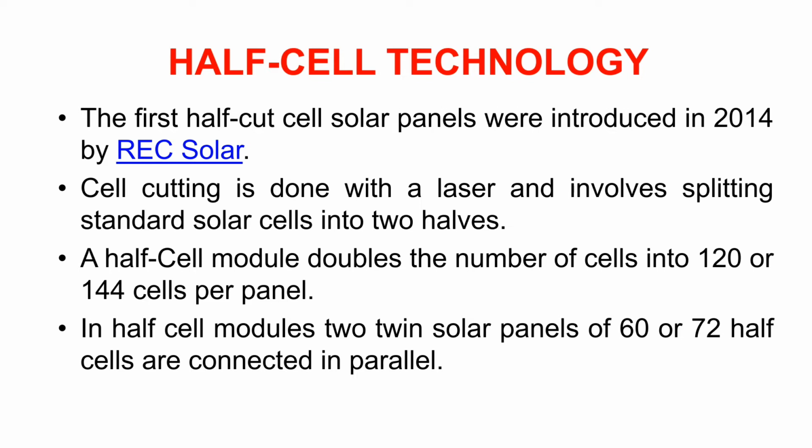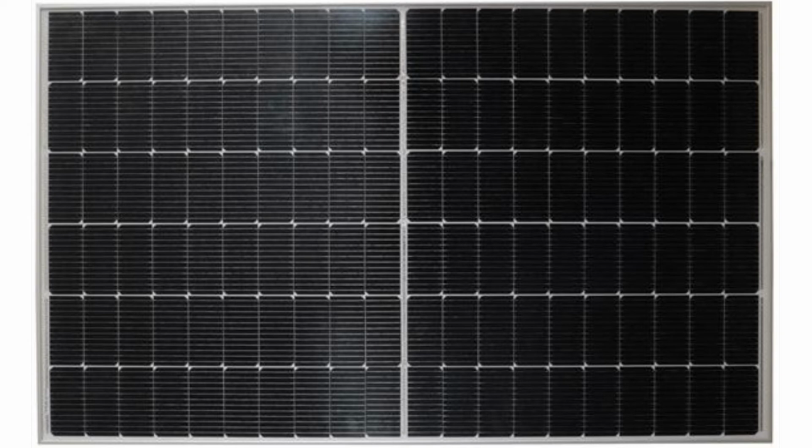As the number of cells in half cell modules is double in comparison to full cell modules, these cells are connected in such a way that it makes two same panels of 60 or 72 half cells, or we can say two twin solar panels which are connected in parallel with each other to make a complete half cell module. Let's understand this with the picture.